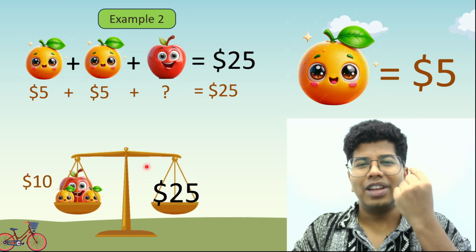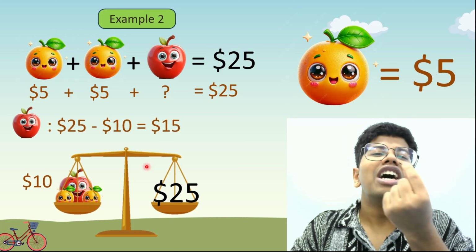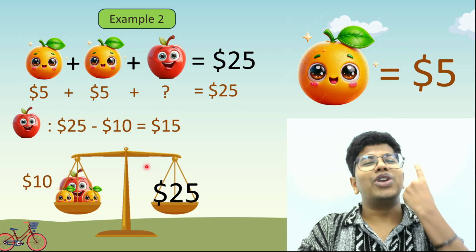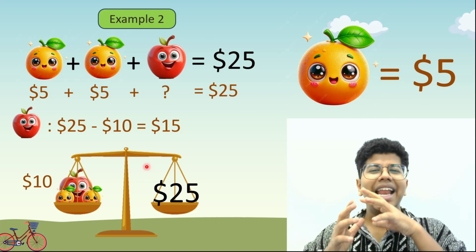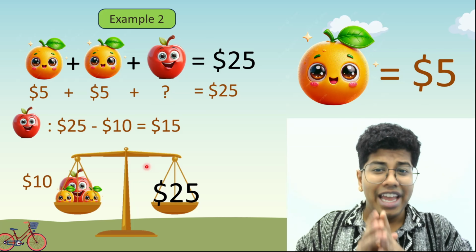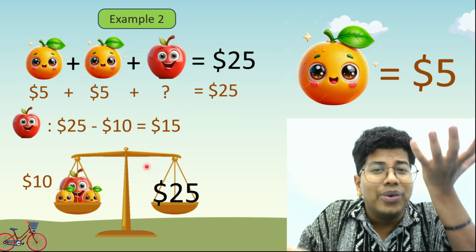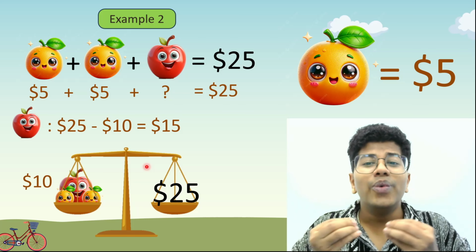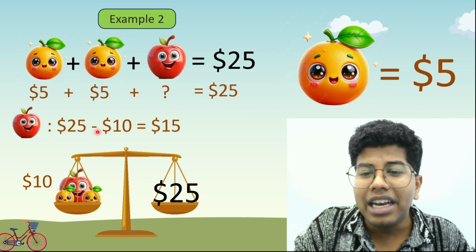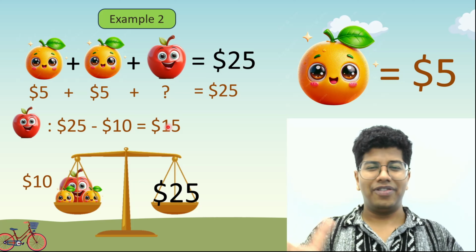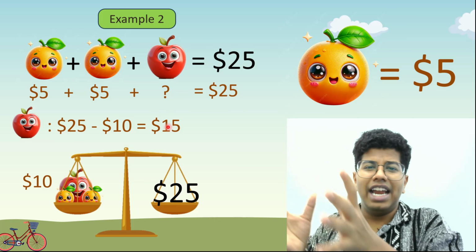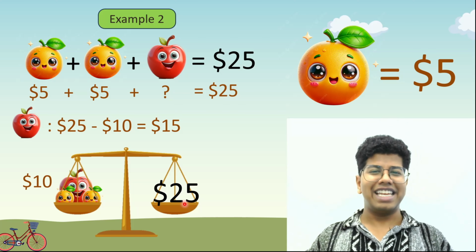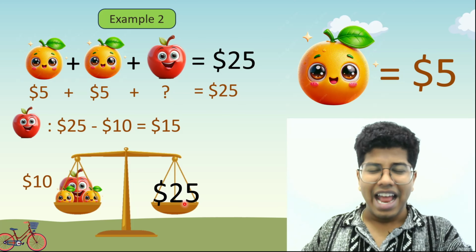To get this 15, we can just remove this 10 from 25 and get $15. So from the second example, we can observe that if there is an unknown value in this equation, we can subtract, remove, and then get the answer. We can check whether the left hand side and right hand side are equal or not.